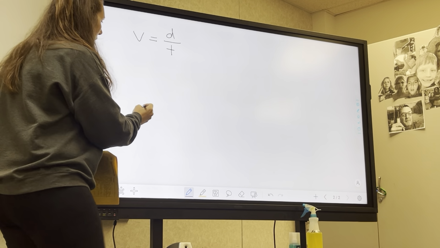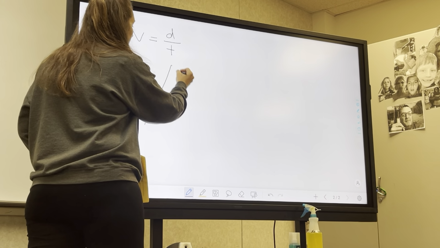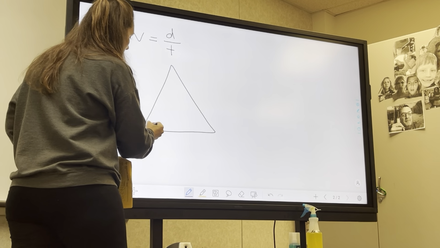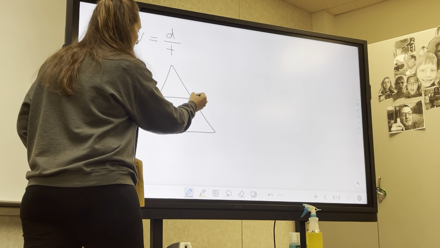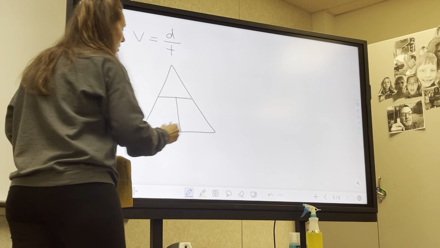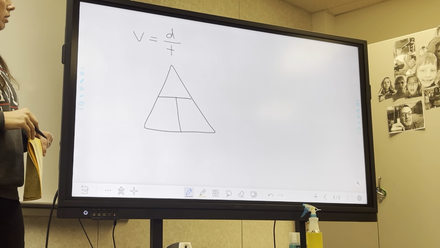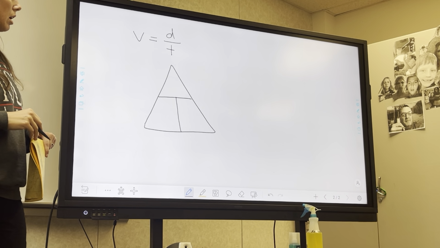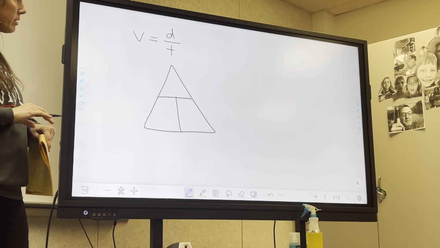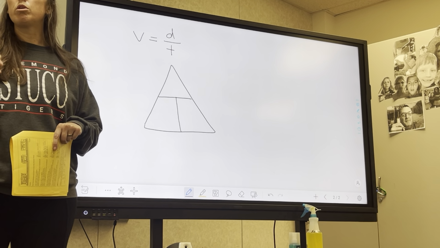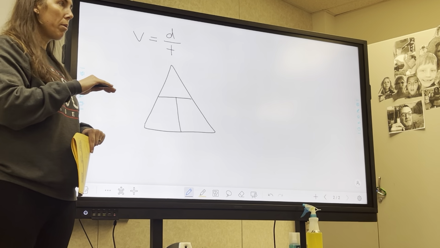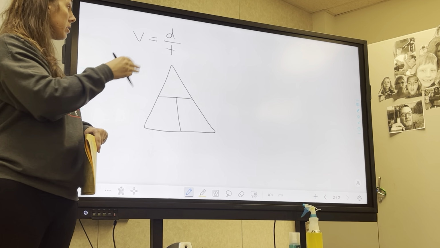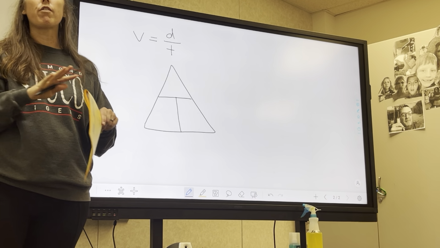Okay, so if you draw a triangle and separate that triangle into 3 equal pieces, if you could put any formula in there that has 3 parts in the correct way, you can solve for anything.